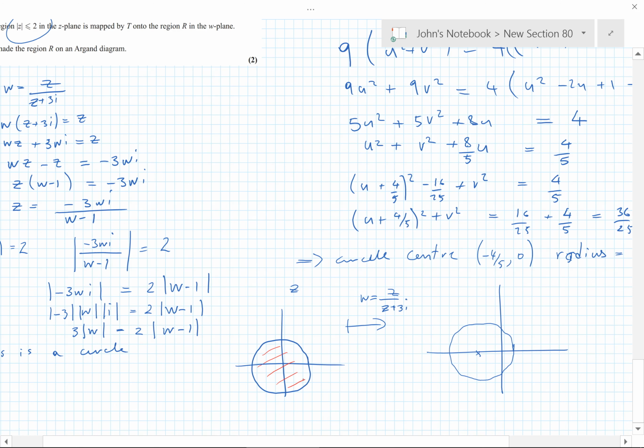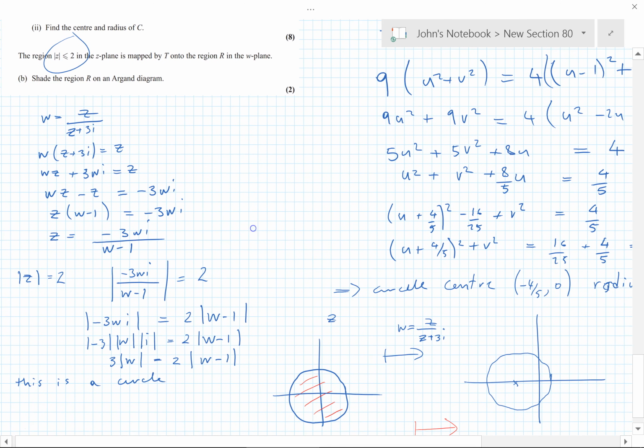Now, if in doubt with this, I suspect it will be inside the circle as well. I have a strong feeling it might be inside the circle, but I'm not sure, to be fair. And often we have things where circles are mapped to one side of a line. So imagine if this circle was being mapped to a line somewhere and we had to decide which side of the line it is. My general policy is to pick the simplest point in the applicable region.